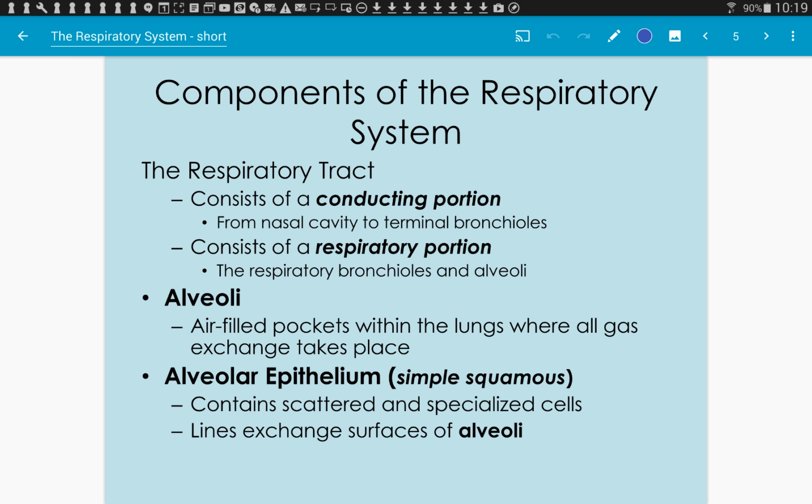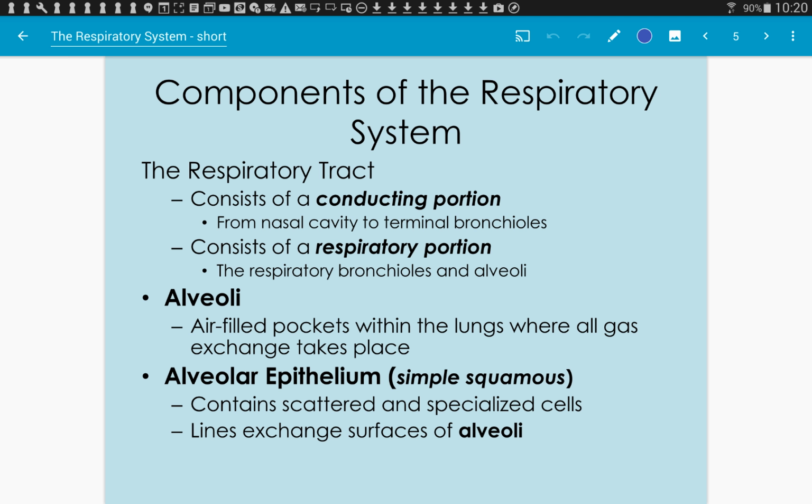In this respiratory tract, you can divide it into two sections: the conducting portion and the respiratory portion. So two divisions. Make sure you know those divisions.